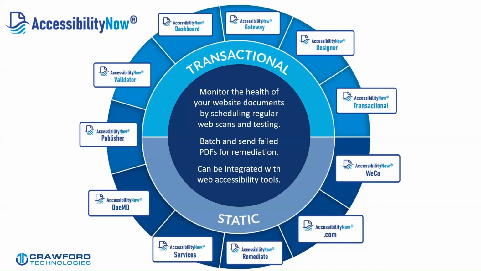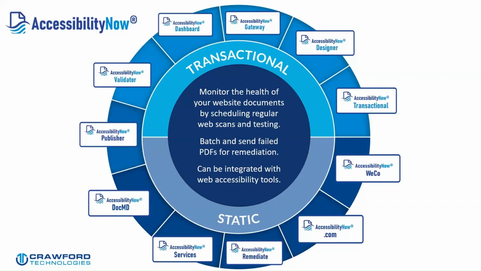So you can do what we call find, testing and fixing of documents. Scan your websites on a regular basis, have it pick up all of the PDF documents and other formats that are on your website, then have that batch of documents tested so that you can get an understanding of whether they've passed or failed the current standards, and that's PDF UA and also WCAG.